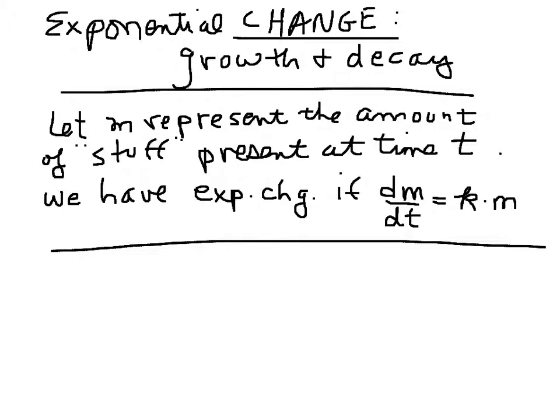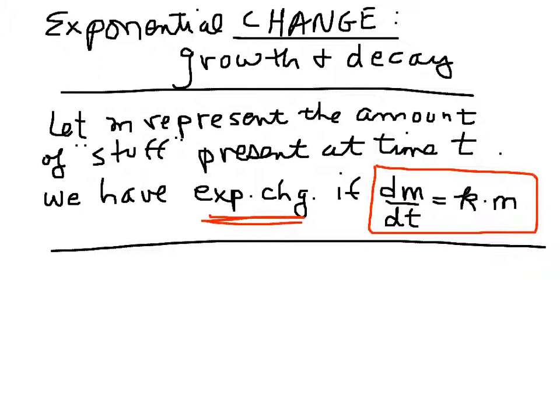So here's the physical aspect of what exponential change means. If we choose to let m represent the amount of stuff that's present at time t, and that stuff might be kilograms of a radioactive material, or number of people, or number of bacteria, just whatever it is that's changing, then the whole point about exponential change is that it satisfies this differential equation.